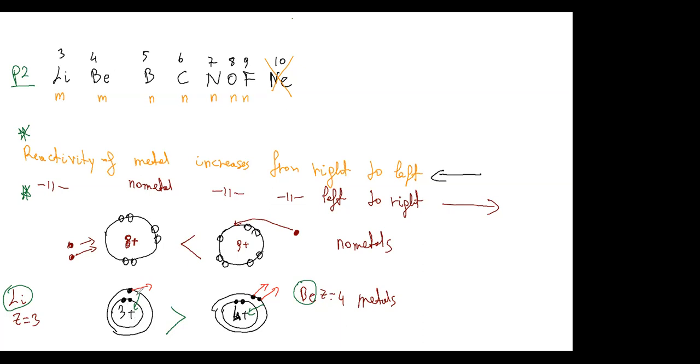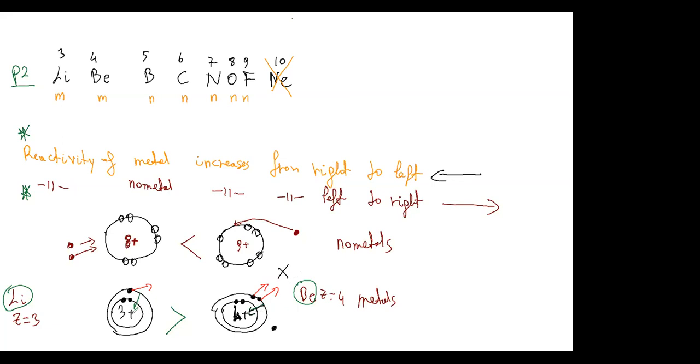The electron for the lithium would escape easily because it is attracted by a weaker nucleus. The nucleus for the beryllium here is very strong because it has 4 protons, and these 4 protons attract these electrons of the outer shell. So these electrons cannot escape easily because their nucleus is very strong.